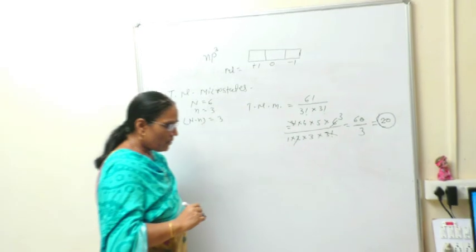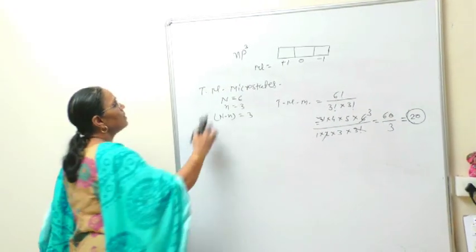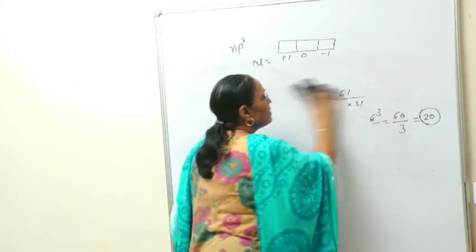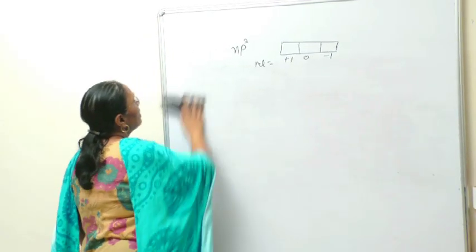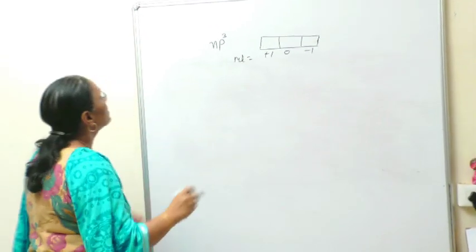So now we have to determine the term wave functions, means we have to represent the p3 configuration, that is 3 electrons, with respect to their spin values and orbital quantum number values.